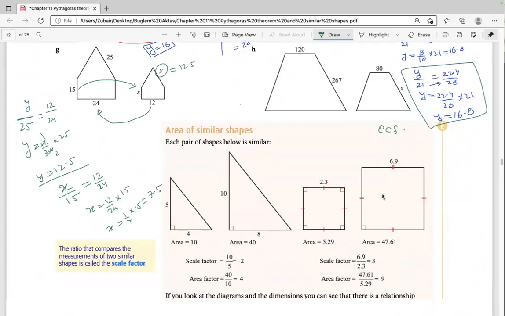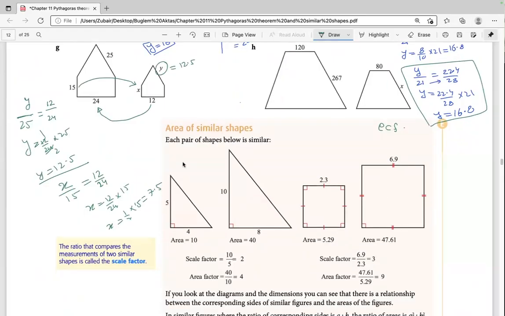And in exam, if the question says find the area, but it is not given that it is similar or not. But here it is given that it is similar.